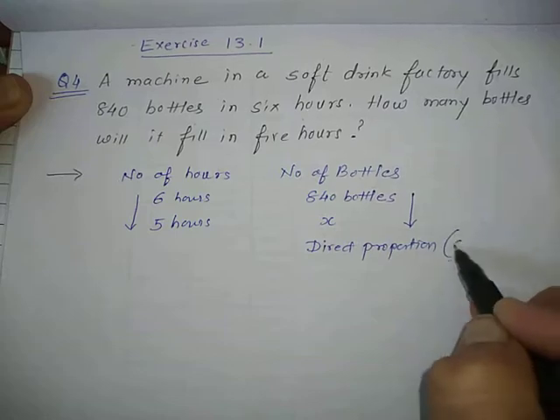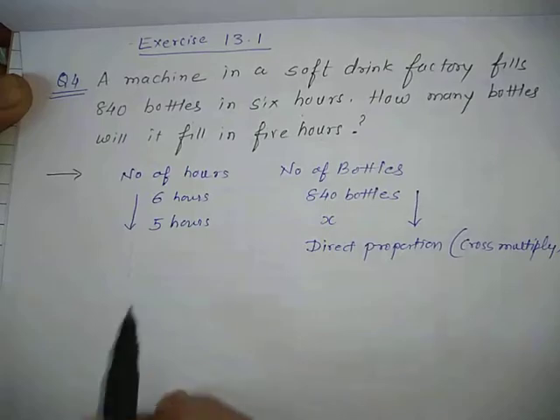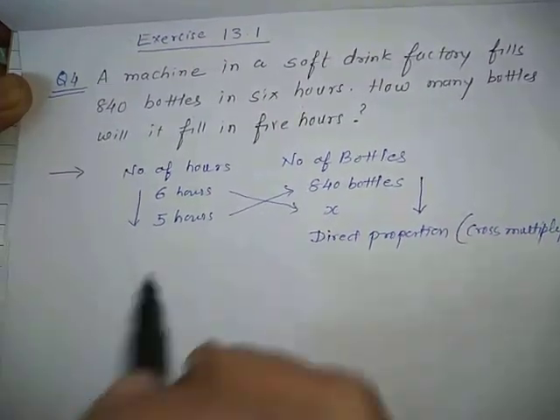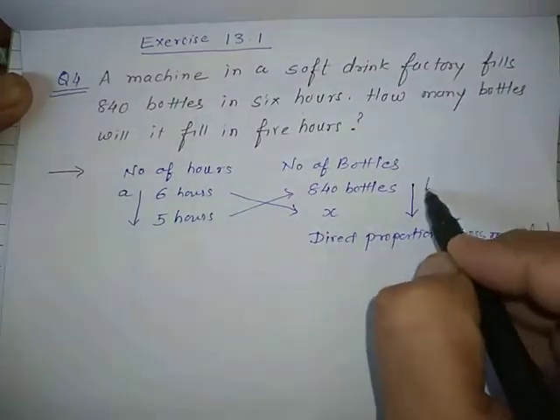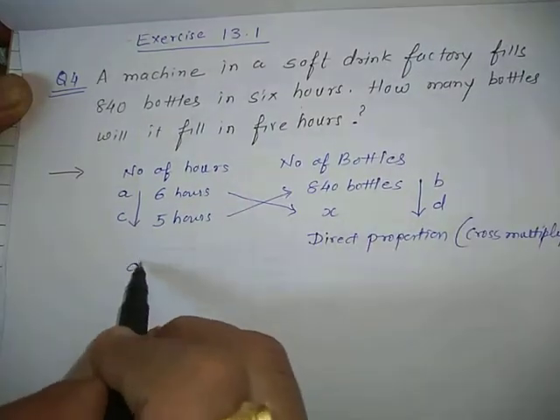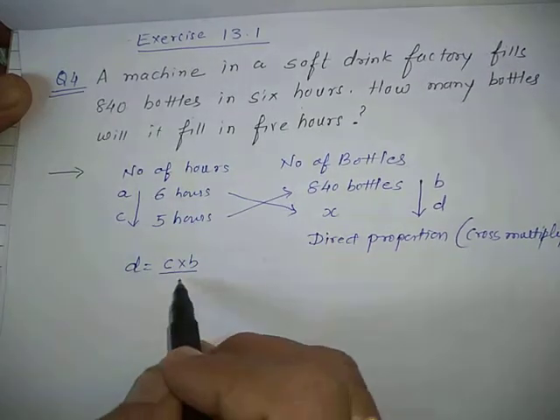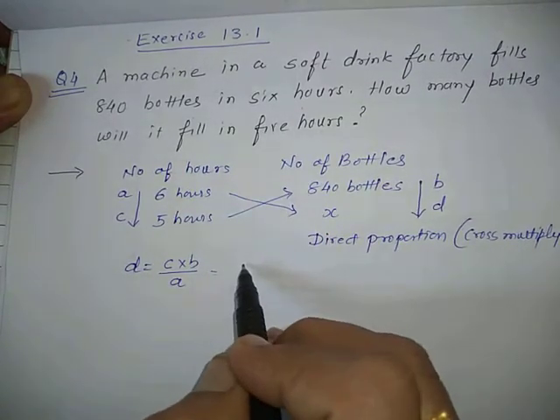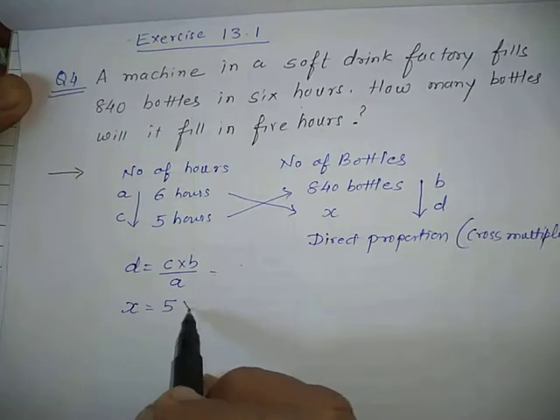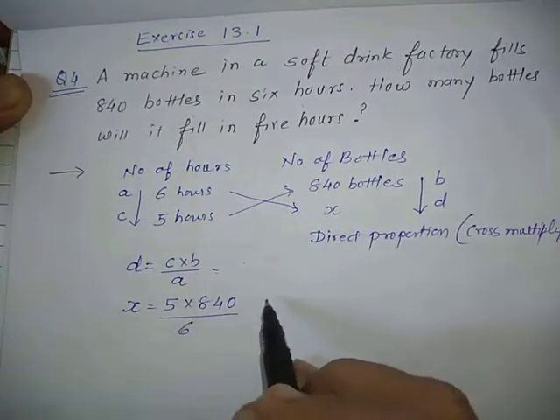So direct proportion means cross multiply. That means, suppose A, B, C and D. So we are finding D is equal to C into B upon A. That is X is equal to 5 multiplied by 840 cross multiply divided by 6.